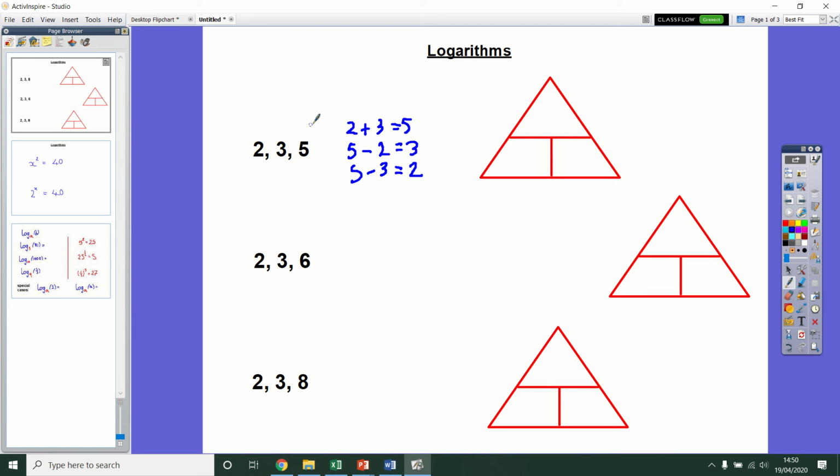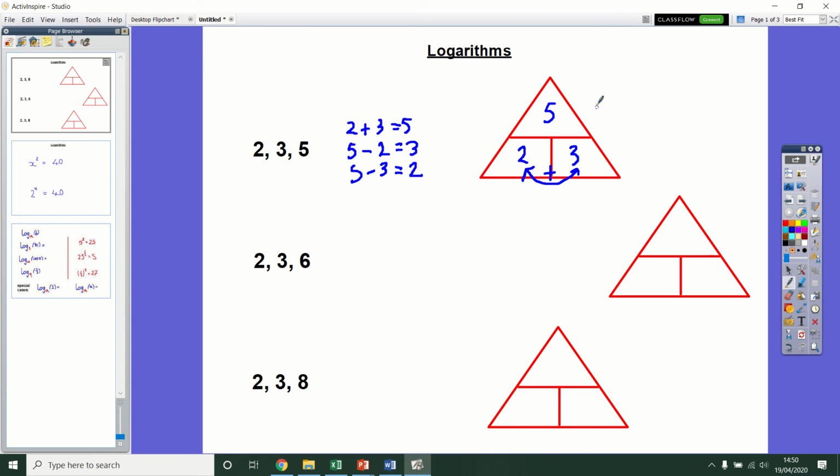And to show how these operations link with each other, I'm going to put it into a formula triangle like this over here. So I'm going to put 2 and 3 on the bottom, 5 on the top, and addition and subtraction are inverses. I'm going to demonstrate that on the picture. So on the bottom, I can do 2 plus 3, but the order of addition doesn't really matter, so I can put a double-headed arrow like this to show that I can add in any direction, and that's going to make the 5 at the top.